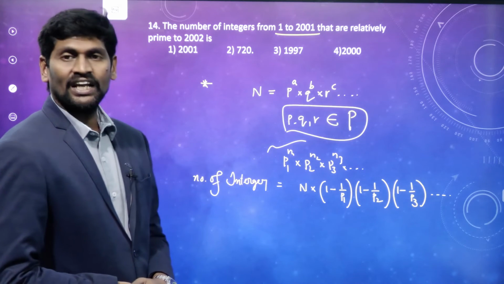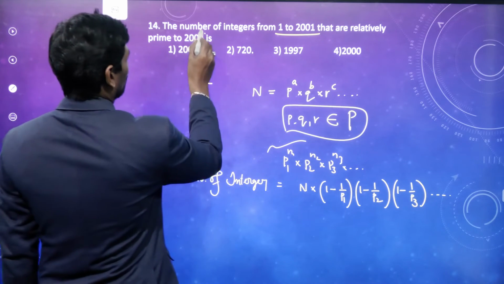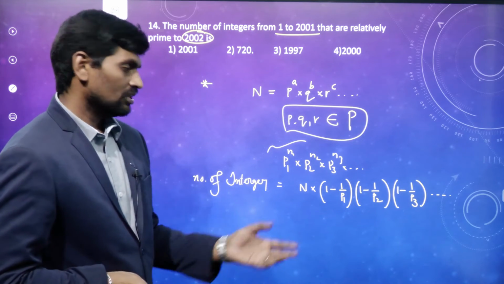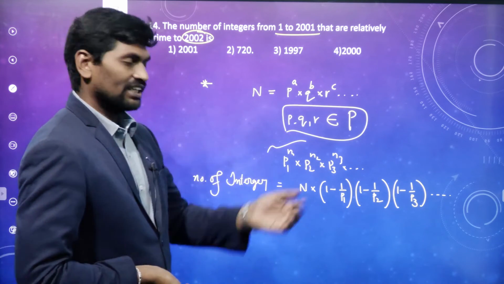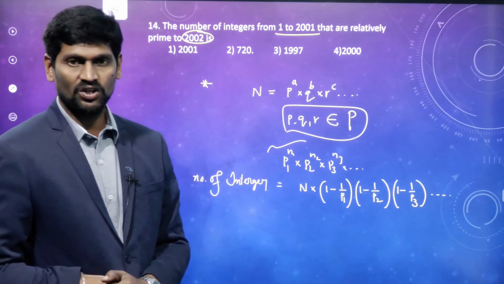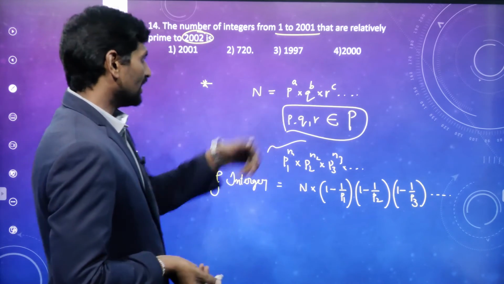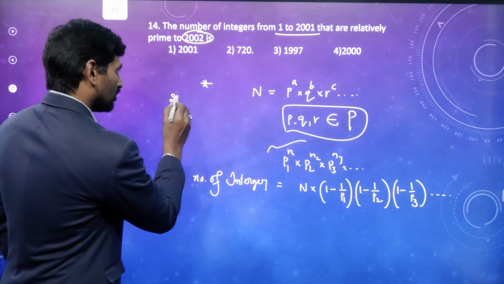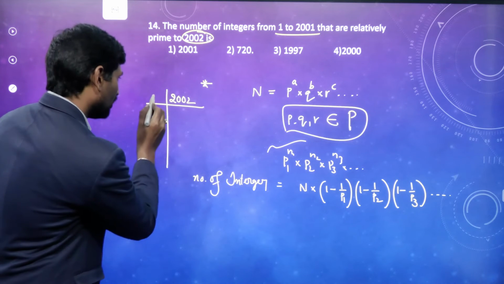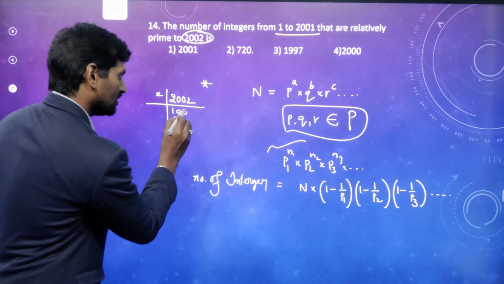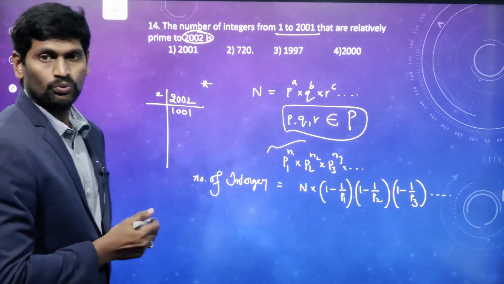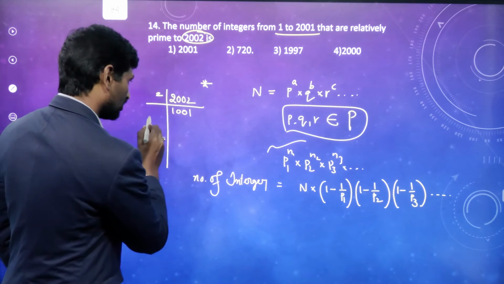Here n is a composite number, and that composite number is 2002. We have to express it like this, where P1, P2, P3 are prime numbers. Okay? Euler's quotient theorem. So let us identify the composite number 2002 in its prime factor form. 2 ones are 2, 2 into 1001 is 2002.